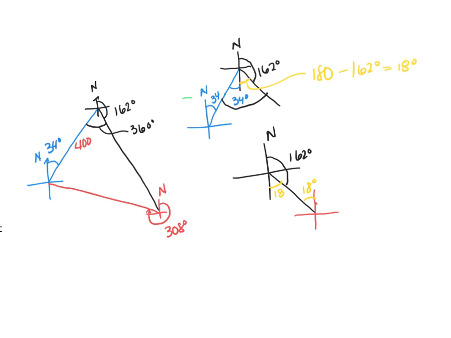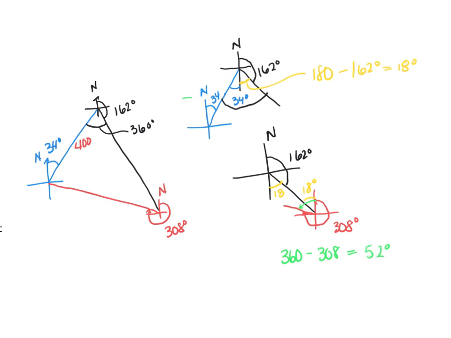Now, if the angle coming out of this is 308, this is my reference angle for 308. So I take 308 and subtract it from 360 to get the reference angle. It's not the angle I want, but I'm getting close. So 360 minus the 308 is going to give me 52 degrees.